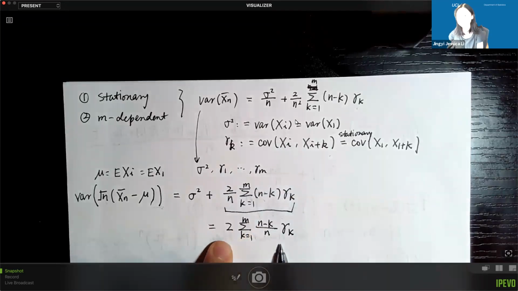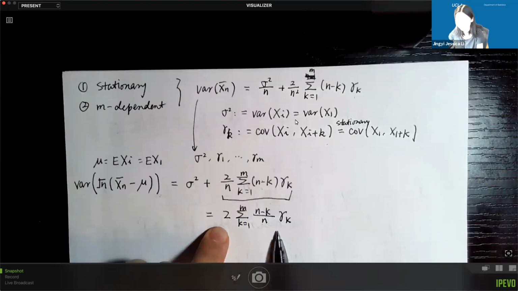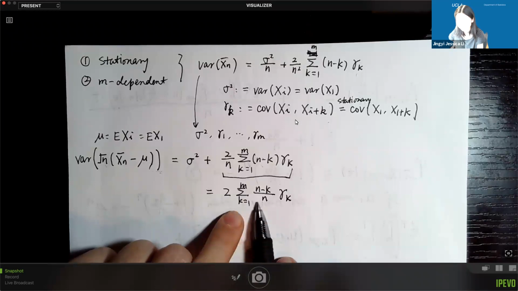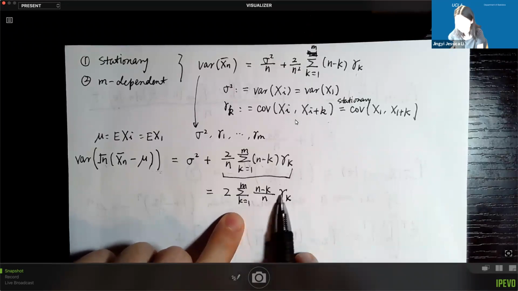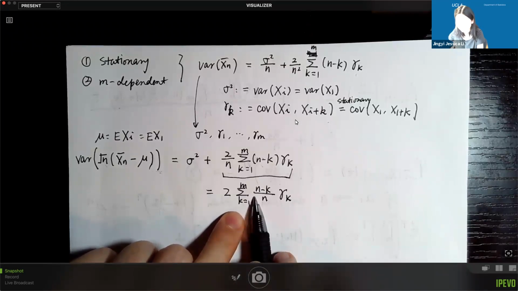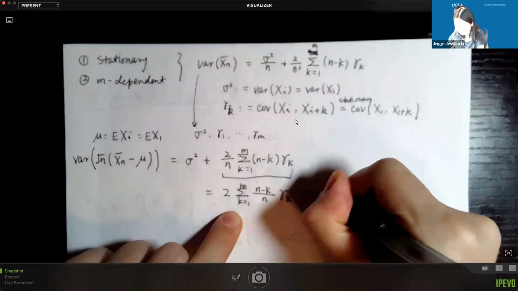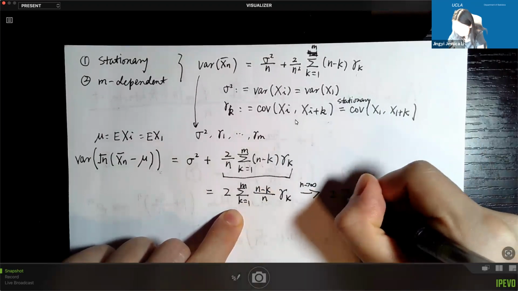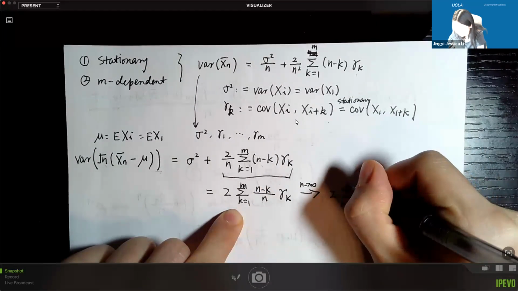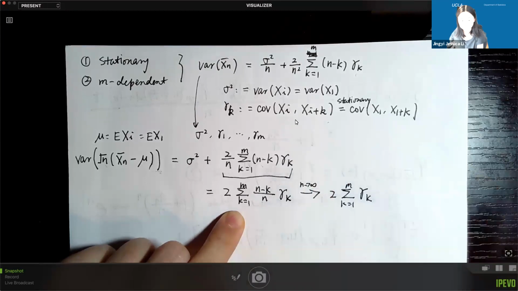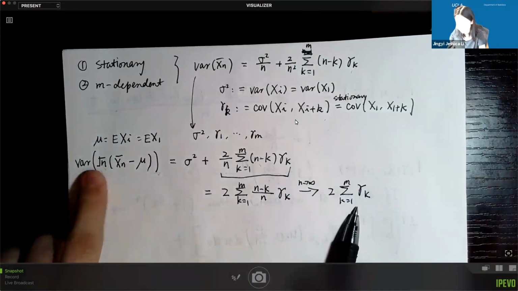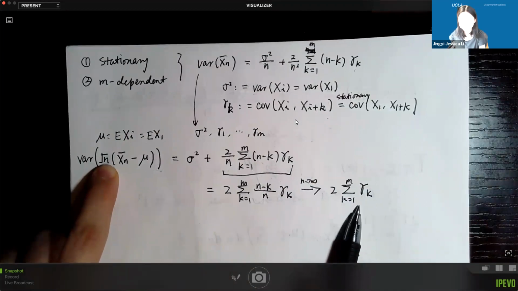Asymptotically we have an easy limit, because k is bounded while n grows, so n minus k over n converges to 1. So as n goes to infinity this converges to 2 times the sum over k from 1 to m of gamma k. That's it. We have shown the limit of the variance, the asymptotic variance.